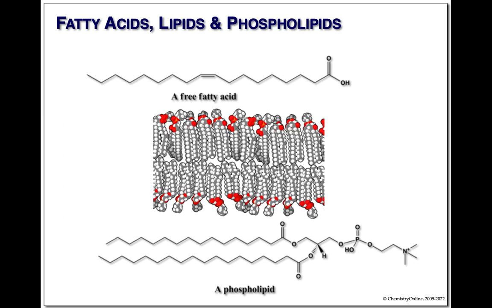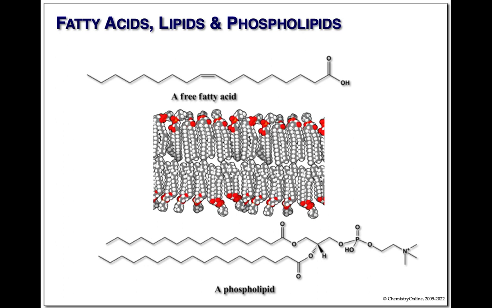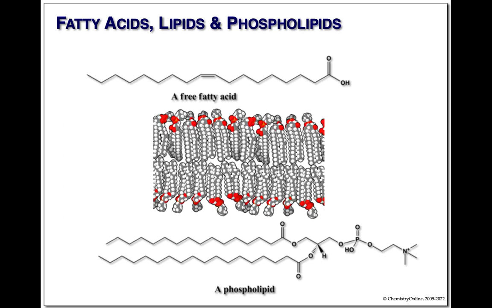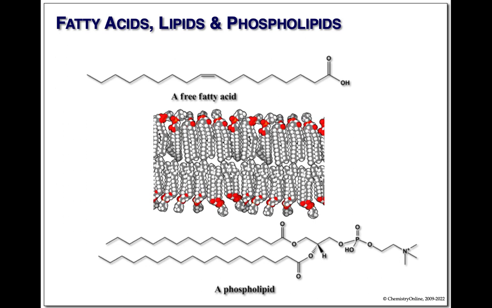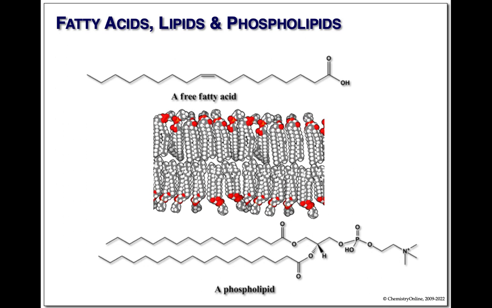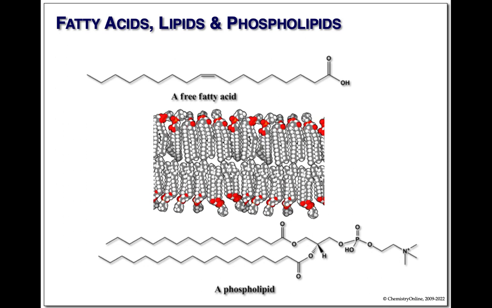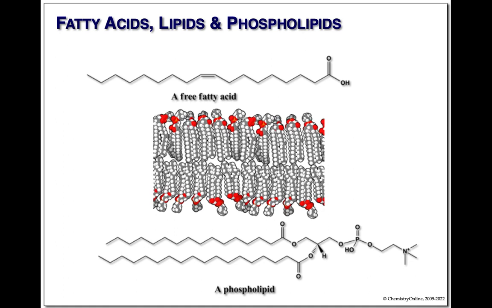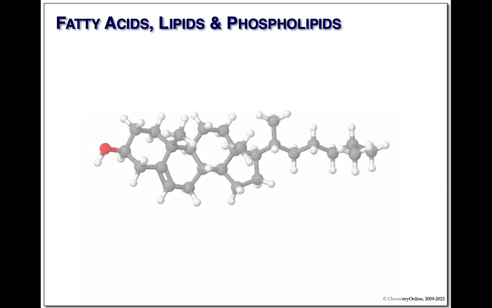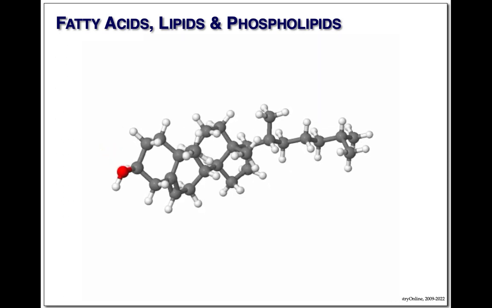Again, this is the cell wall. Now, the cell wall actually has other stuff in it. It's very important that this be stable, very important. For that, the body uses proteins and everybody's favorite, cholesterol. This is cholesterol.